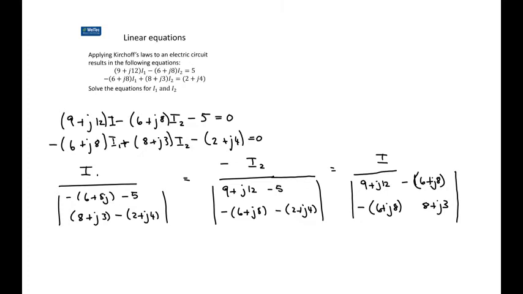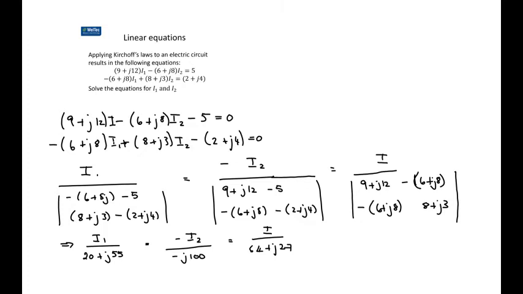Okay, just a little bit of work behind the scenes. So now we've got that I1 over 20 plus j55 equals -I2 over -j100 equals I over 64 plus j27.